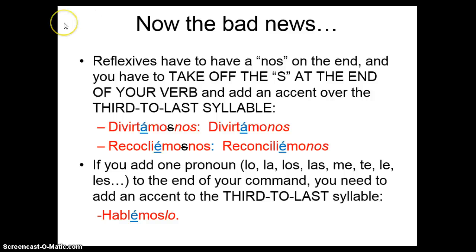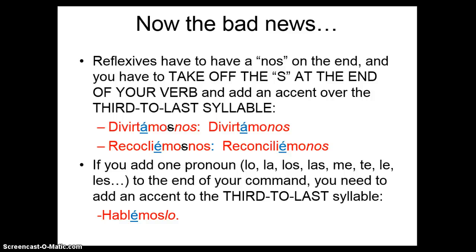So to continue, let's make a command with reconciliarse. So this too is a reflexive verb. We're going to have a nos on the end. We're going to have to take the s off the verb, the reconciliemos part, and we're going to have to add an accent over the third syllable back.